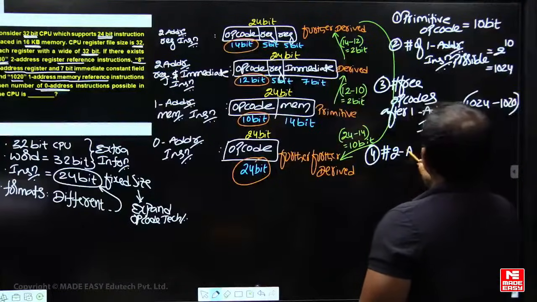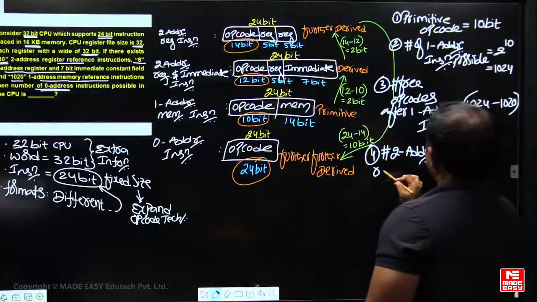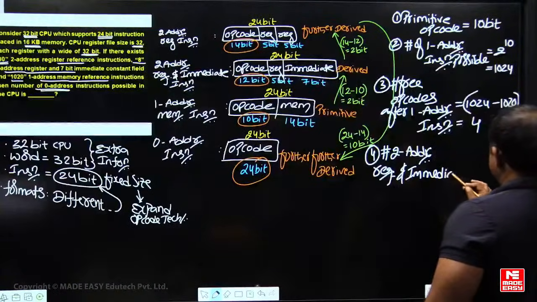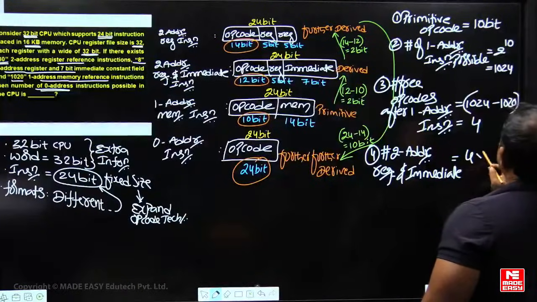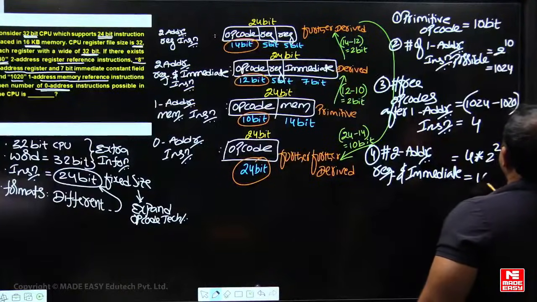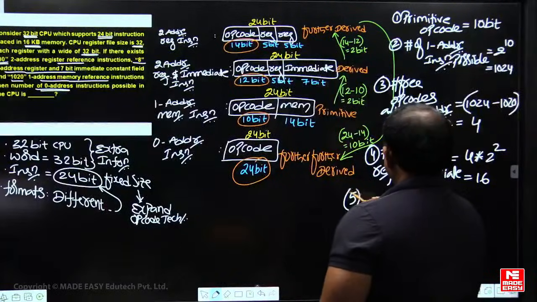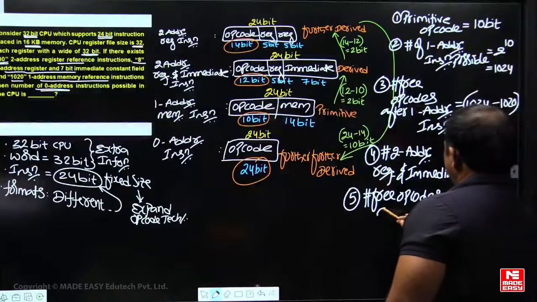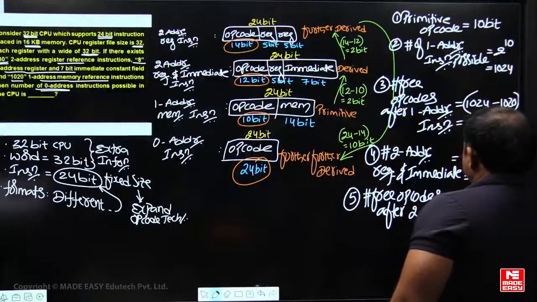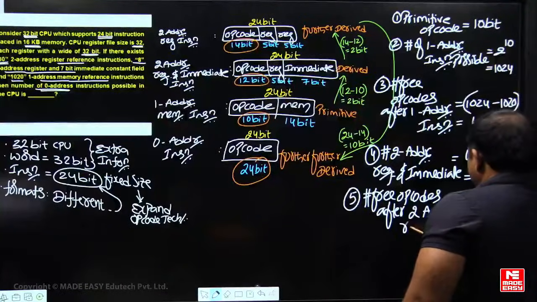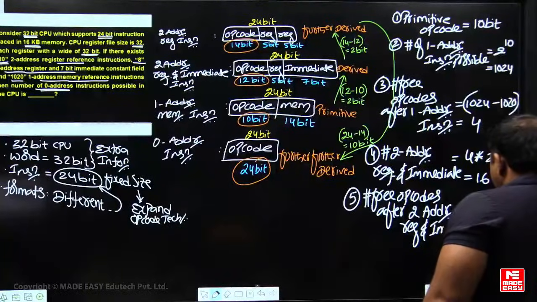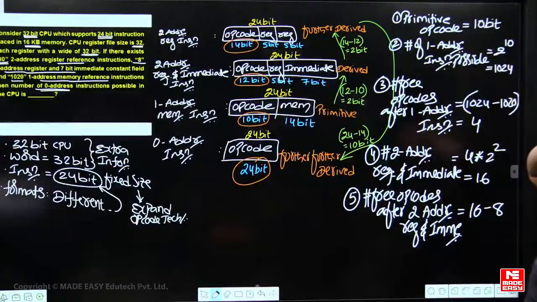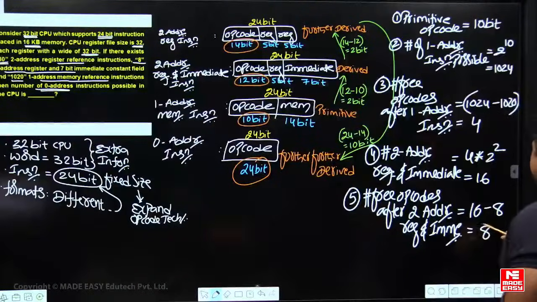Next, the number of two address register and immediate instructions possible: 4 into 2 power 2, which is 16. Then the number of free opcodes after two address register and immediate: 16 minus 8, this is equal to 8.